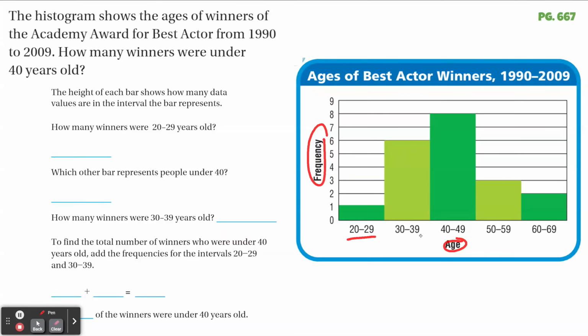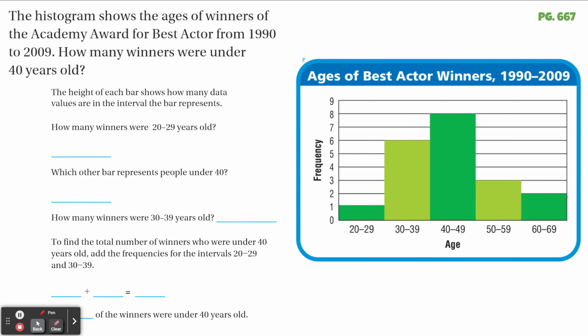So it's 20 to 29, 30 to 39, 40 to 49, 50 to 59, and 60 to 69. As we look, you can see how on the last slide it talked about how the bars are right next to each other in a histogram. So there's no space, they all butt up right next to each other, to show that it's kind of that range. It goes straight from one number to another.